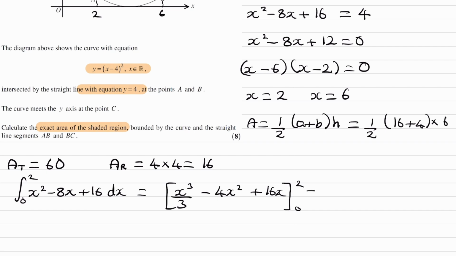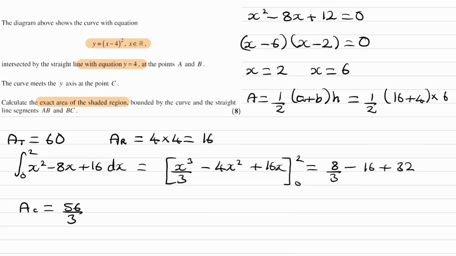Limits 2 and 0. This is then 8 over 3 minus 16 plus 32, which when you type this in your calculator gives you 56 over 3. So that's the area underneath the curve, which I'll call AC. That is 56 over 3.